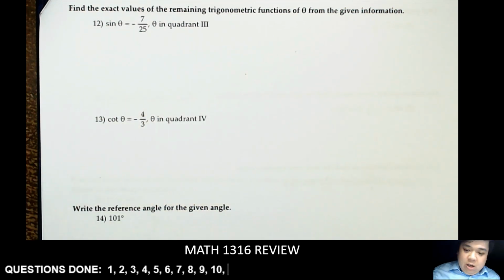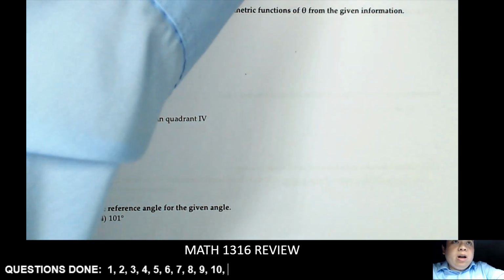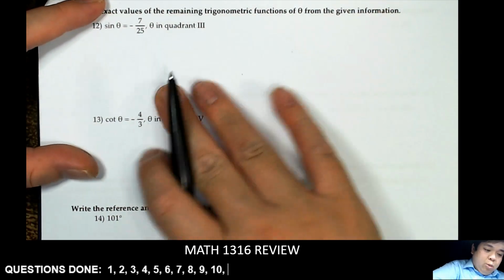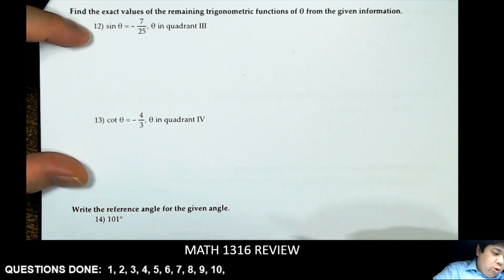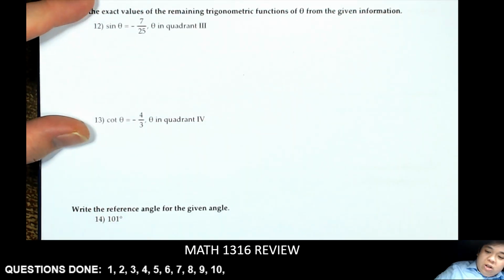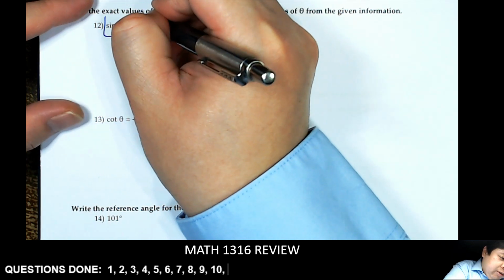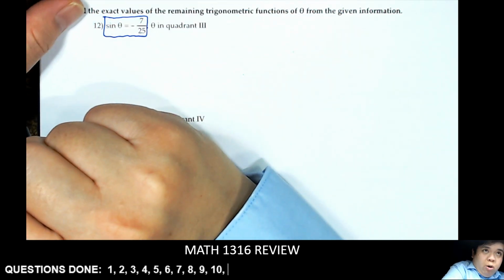There's a lot of space. We need a lot of space, so try to write small. First, we start with sine is equal to negative 7 over 25.